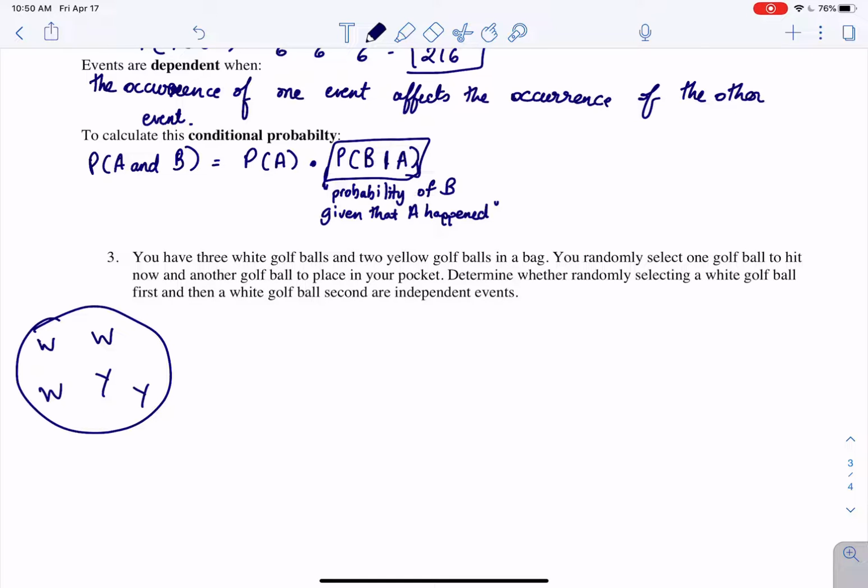Now, we're trying to pick a white ball first and then a white ball second. So event A is picking a white ball, and event B is also picking a white ball.